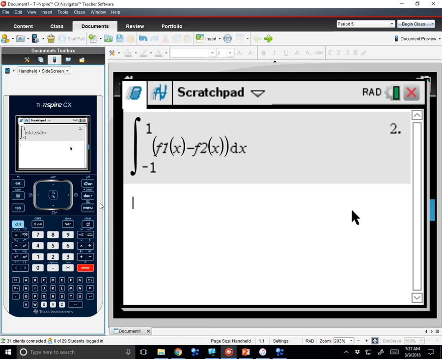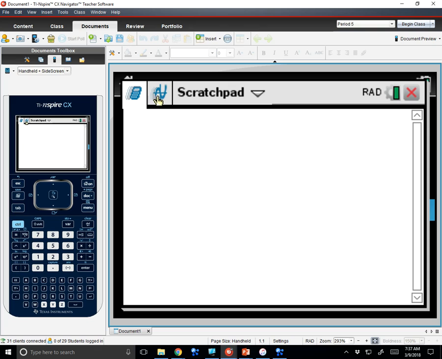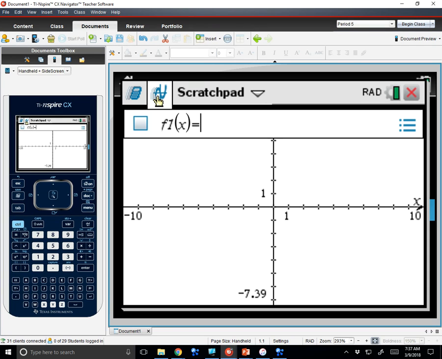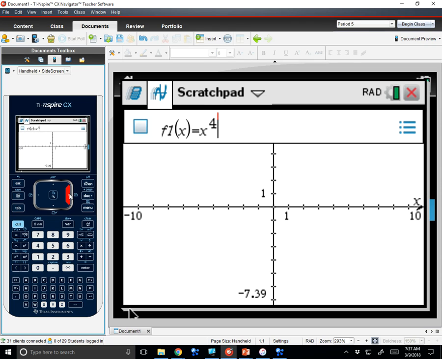This one looks like superhero eyes. Looks like Spider-Man. Yes. Okay, so X to the 4th, minus 2x. I'll have to find a cool picture of my son as Spider-Man.